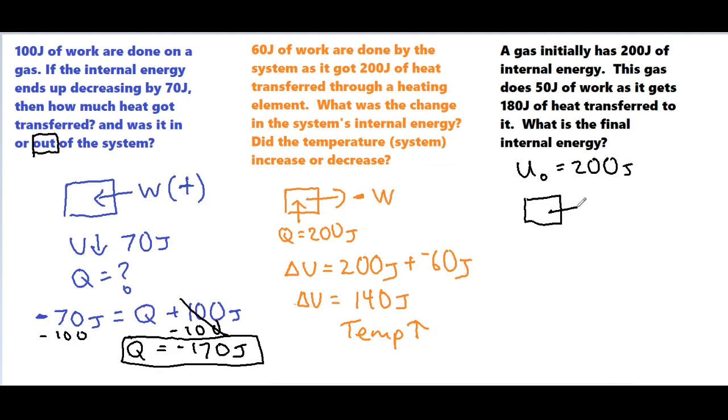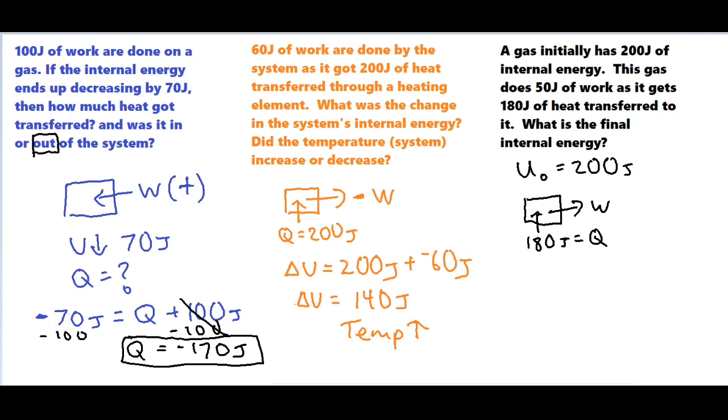So it does 50 joules of work. So the work is being done by the system to the surroundings as it gets 180 joules of heat transferred to it. What is the final internal energy?